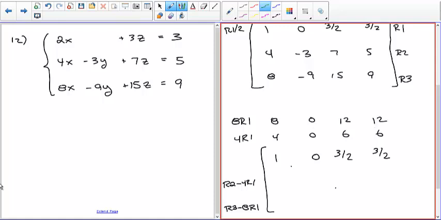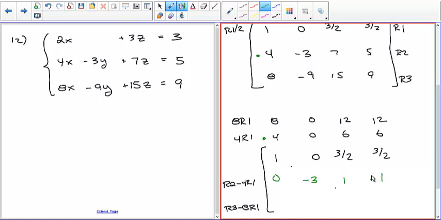Okay, so this row, we're going to take row 2 and subtract this row. 4 minus 4 is 0. Negative 3 minus 0 is negative 3. 7 minus 6 is 1. 5 minus 6 is negative 1.